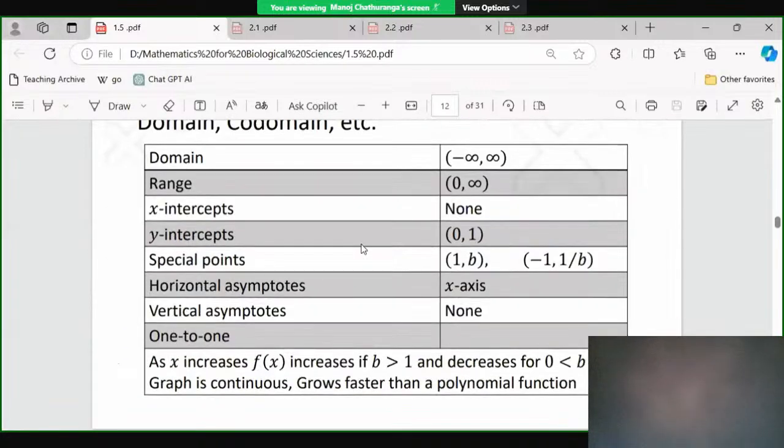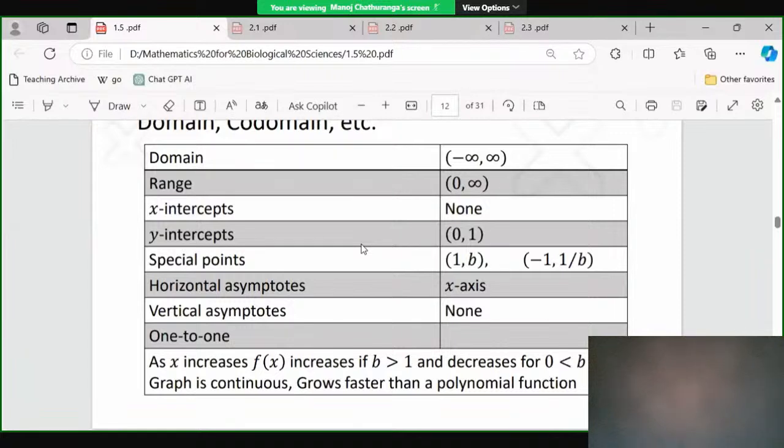The meaning is that it may happen that at infinity they will touch each other. So whenever you see something comes closer and closer to a horizontal line, we say that line is a horizontal asymptote. Same thing happens with vertical lines. If there is something like that, we call that a vertical asymptote.